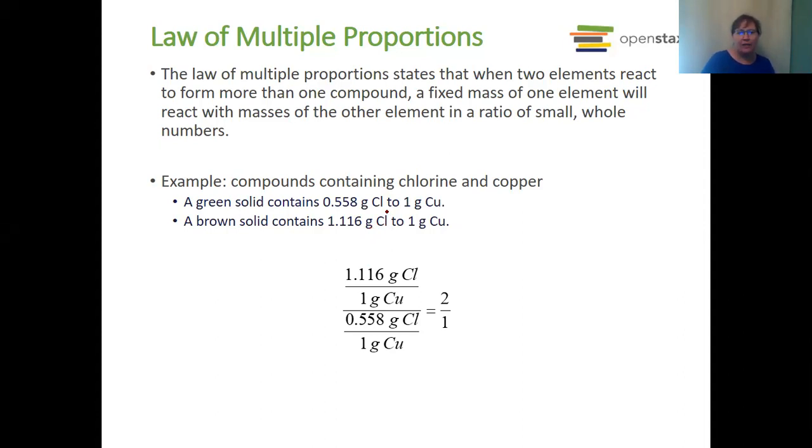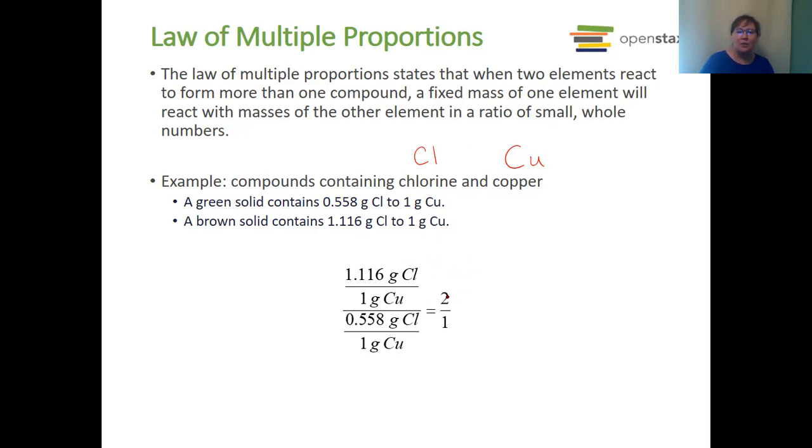So here we have 2 different compounds that contain chlorine, Cl, the symbol for chlorine, and copper, Cu. We put those together and we get a couple of different mass ratios. In one compound, we have the ratio of 0.558 grams of chlorine to 1 gram of copper, and in this one, we have 1.116 grams of chlorine to 1 gram of copper.